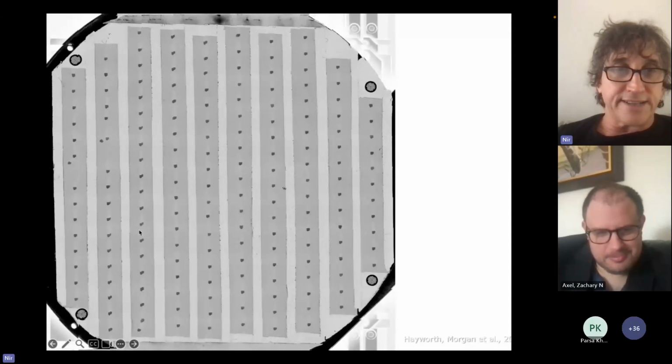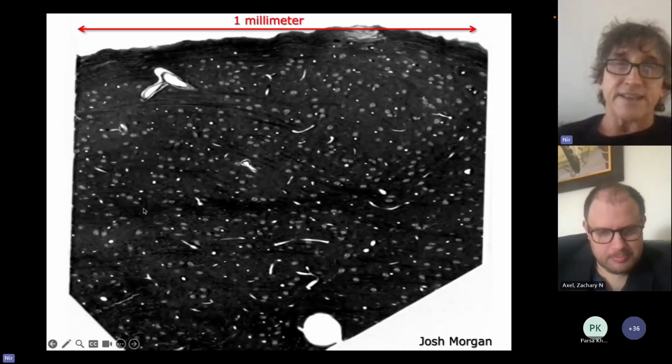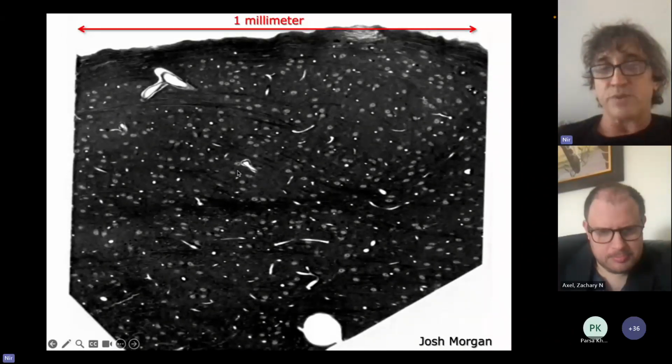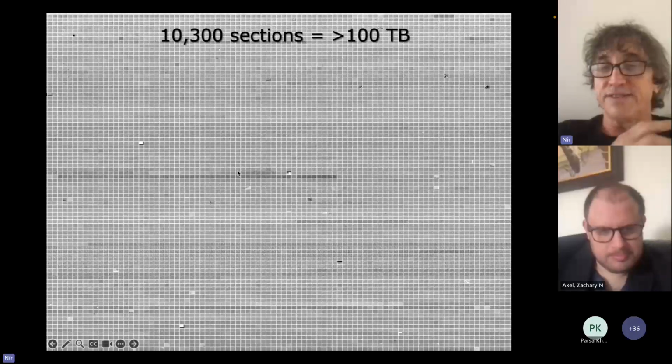A lot of little tiny slices on essentially a piece of plastic. And if I look at one of these pieces that we've sliced, it looks something like this. This is about a millimeter. This is pretty much, if you just looked at it, what it would look like with a light microscope. But if you went in deeper, you could see a lot more.